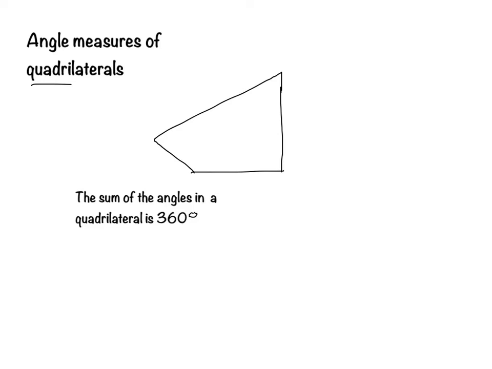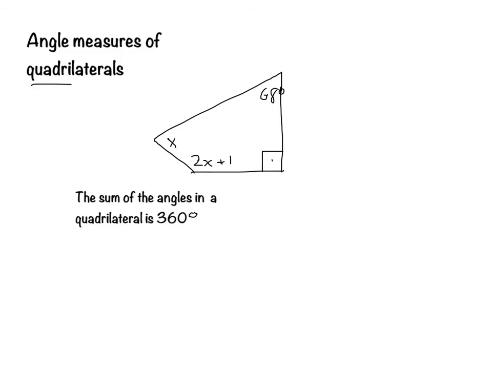So if I add that angle, that angle, that angle, that angle, it has to give me 360. Let's say I've put in some real angle measures here. This angle is 68, this is 90, this angle is 2x plus 1, and this is just x. Now, we want to figure out the measure of each angle.